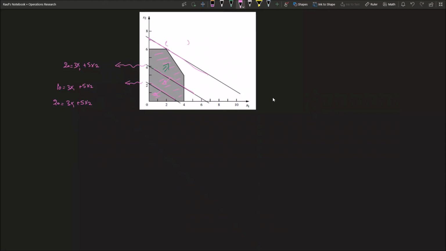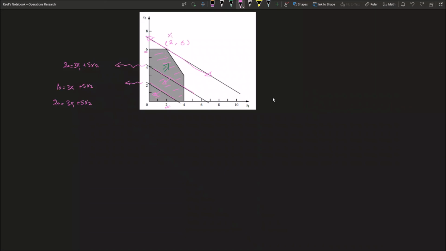So you need to find the z that satisfies your equation to give you this line. That's basic mathematics. If you can follow here, you can see that x1 equals 2 and x2 equals 6. So this point is (2, 6).